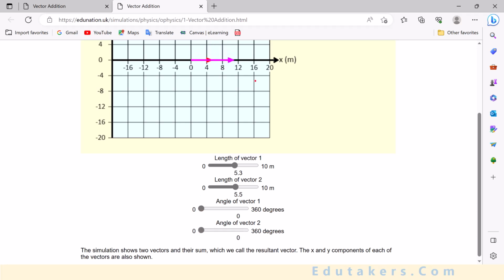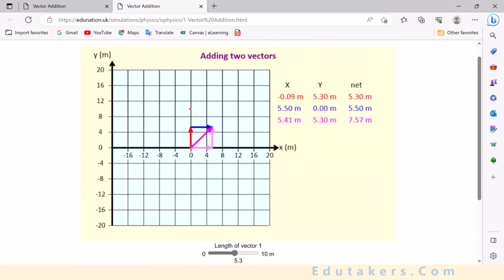If you consider both of these to be horizontal, then again the length of the resultant vector increases. After that, if I say that the second vector is at an angle of 90 degrees, that is a right angle, in this case the resultant vector would be here.